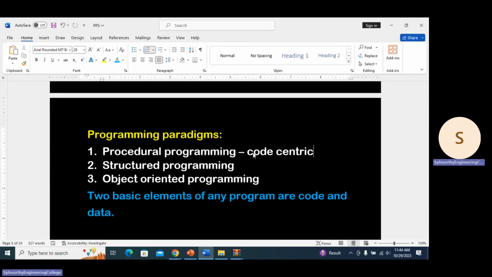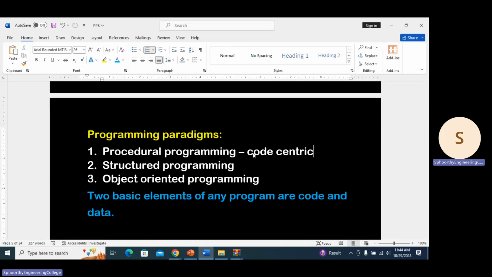The difference is that unnecessary repetition of code was found in procedural programming, whereas in structured programming, you will reuse the code which was written in the past and is useful again and again. Means you try to reuse it. In structured programming, we can divide our problem into sub problems and solve them separately.